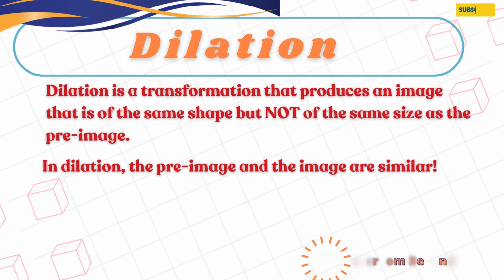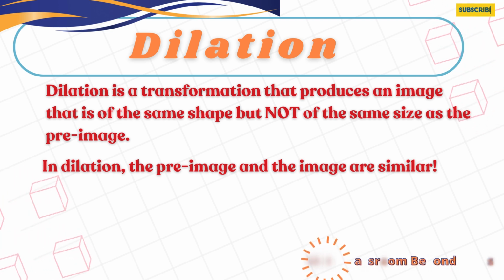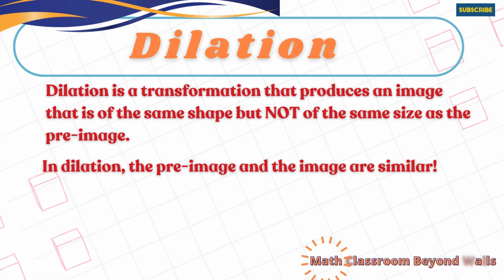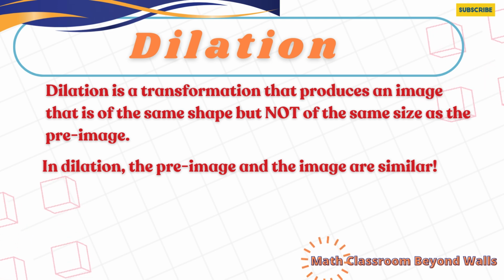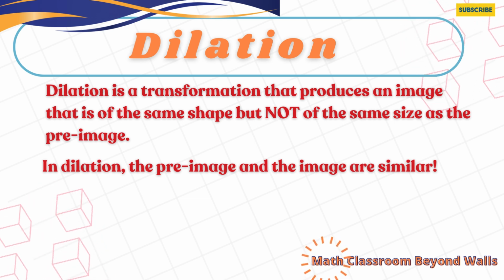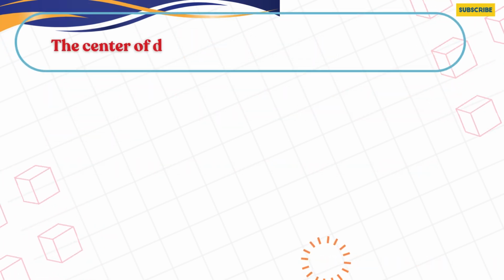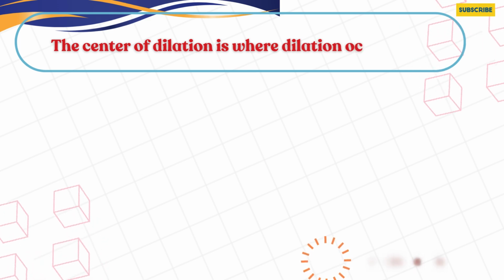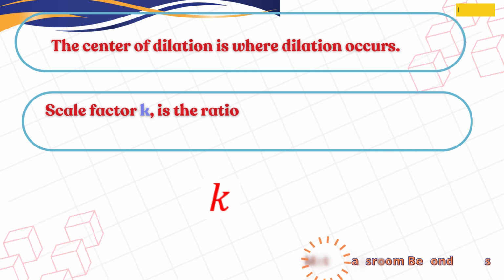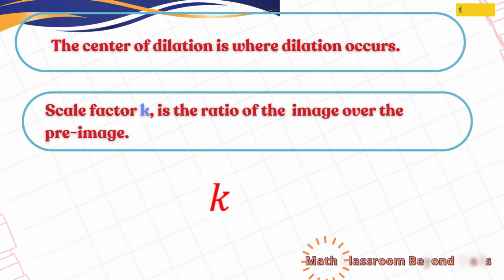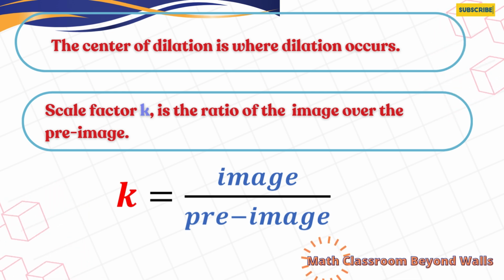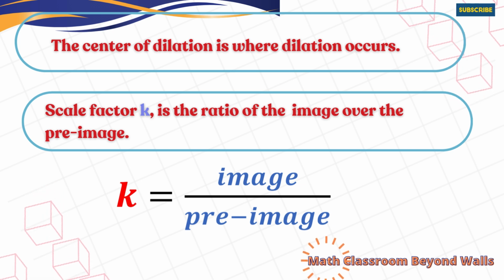It was also discussed in the same video that any description of dilation must include both the center of dilation and the scale factor, for these two comprise dilation itself. The center of dilation is where dilation occurs, and scale factor K is the ratio of the image over the pre-image. That is, K is equal to the image over the pre-image.